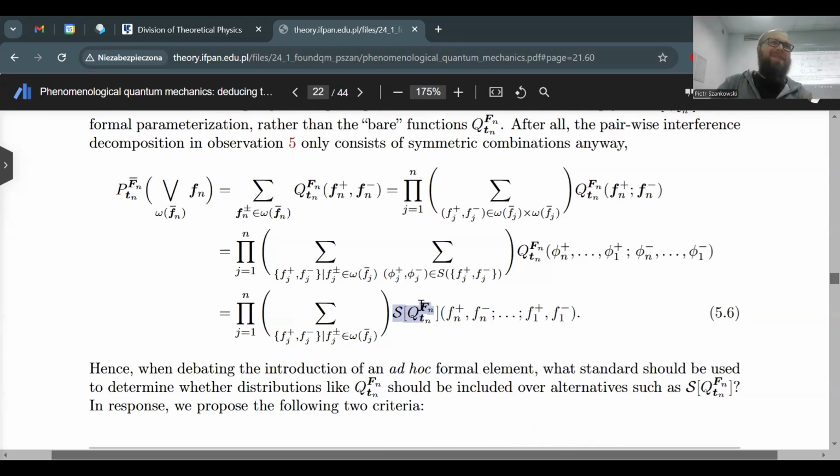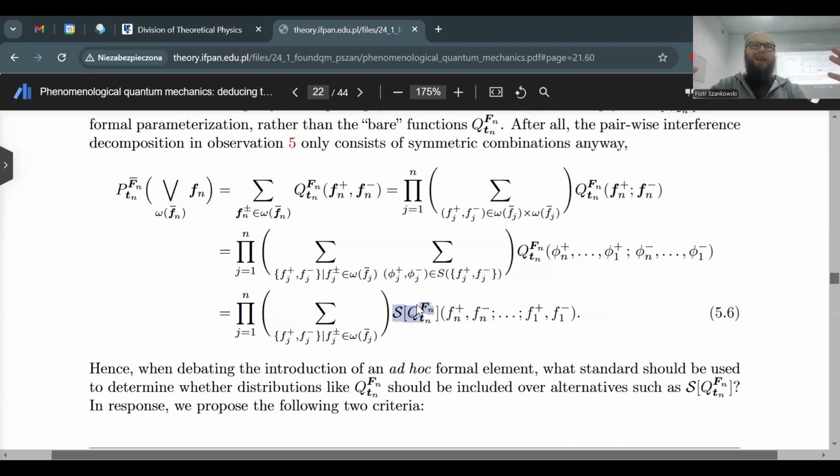So Q can give us this pairwise decomposition, but SQ can also give us this pairwise decomposition, in a more complicated way. That's true, but it has the upside of being a fully phenomenological quantity.